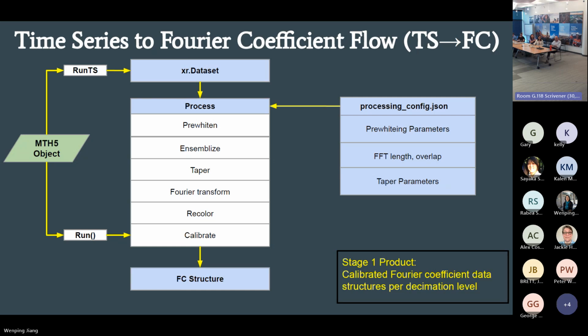We go through these steps: pre-whitening, ensembleizing, tapering, FFT, recoloring. Basically, we build spectrograms, and what's here is an example of how to do that. It's been benchmarked against synthetic data and a bunch of other data sets, and basically behaves reasonably well. So you don't need to write it again, and you don't really need to deal with the code inside of it, but it is open source.